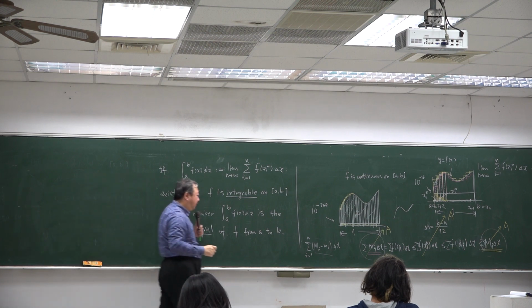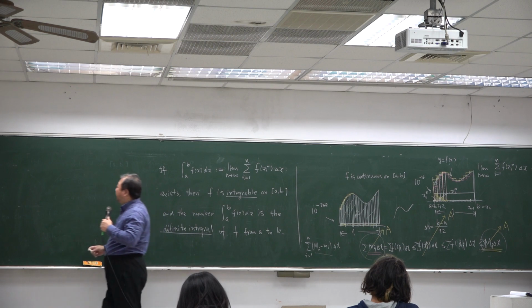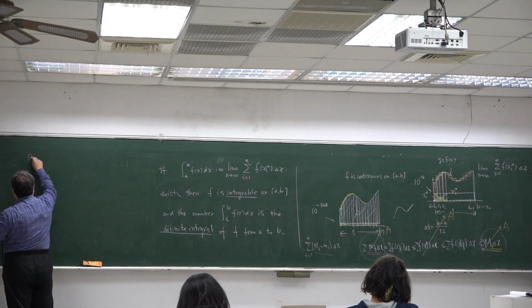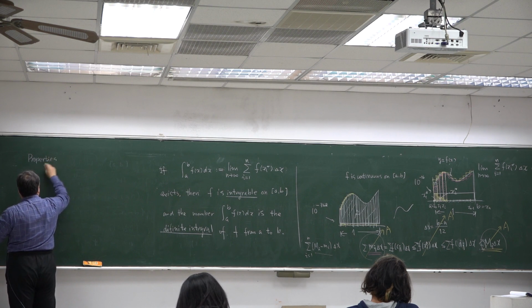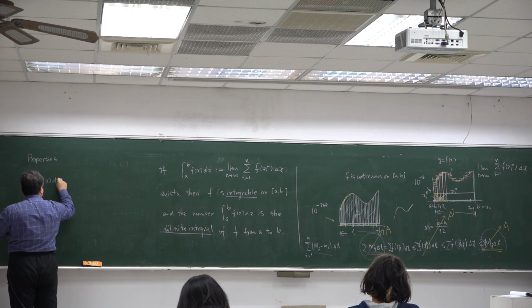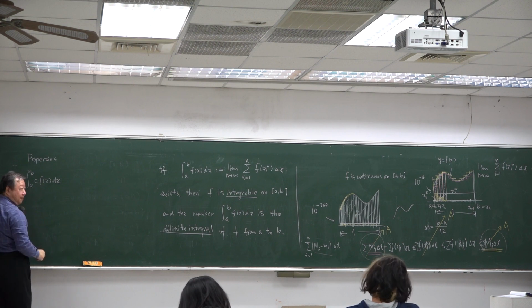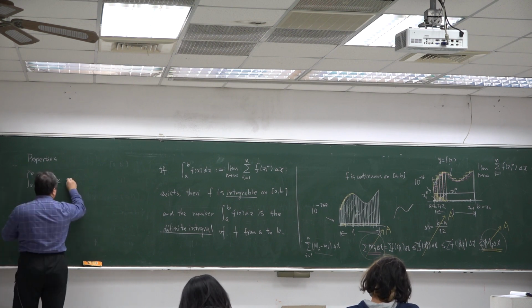First, suppose f is integrable from a to b. If we multiply by c here, this equals c times the integral.